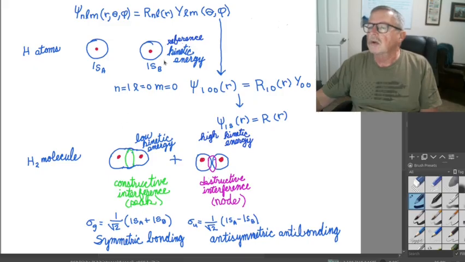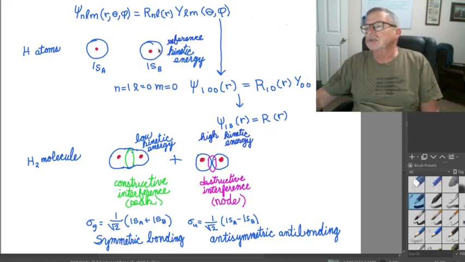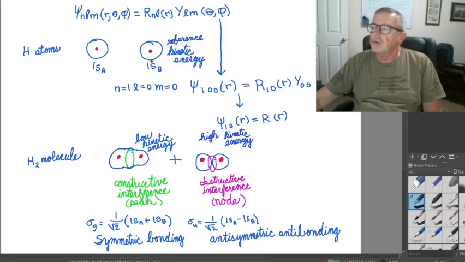I made a little correction here. This is called the reference kinetic energy. That's the ground state of hydrogen, and this orbital is occupied by one electron, or no electrons if we just have a single proton out there in space. So think of the beginning of the universe.